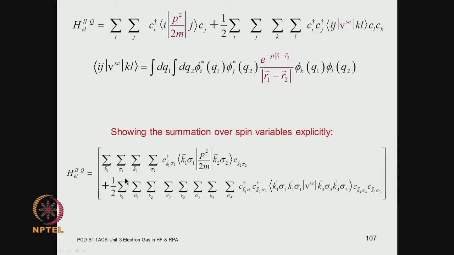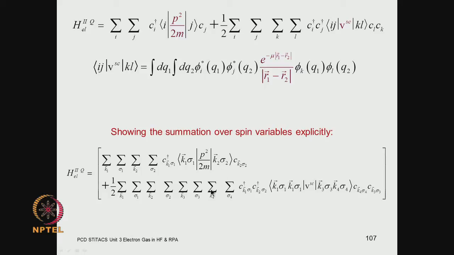So you have got summation over the vector k1 and the vector k2, and then there are summations over 2 spins, sigma 1 and sigma 2. So k2 sigma 2 is the detail that goes into summation over j, and k1 sigma 1 is the detail that goes corresponding to summation over i. So I am now writing the summations over the spin variables explicitly.